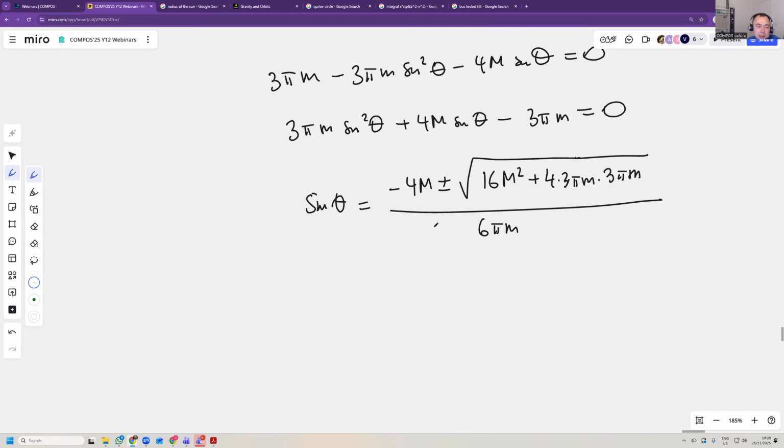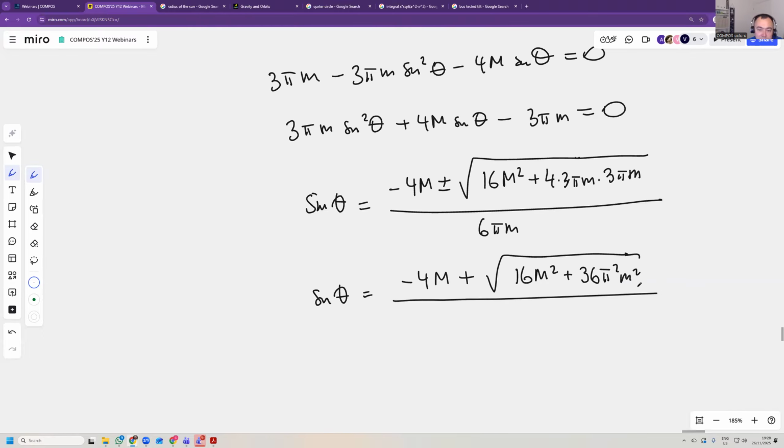And of course, minus doesn't suit us, it has to be plus. So sine theta is minus 4m plus the square root of 16m squared plus 36 pi squared m squared, divided by 6 pi m. And yeah, then theta is arc sine of that monster.